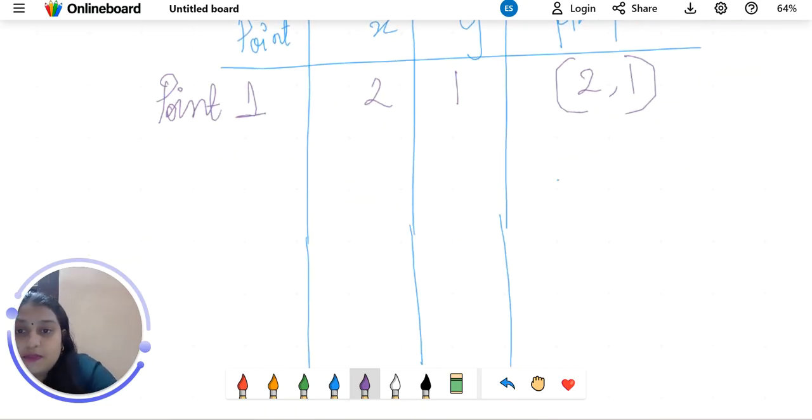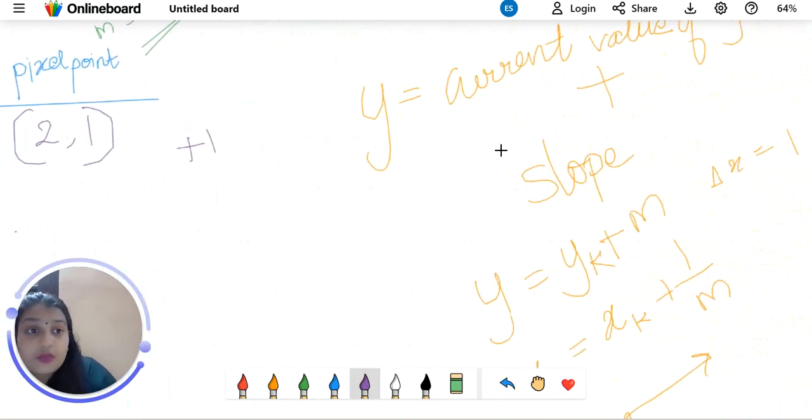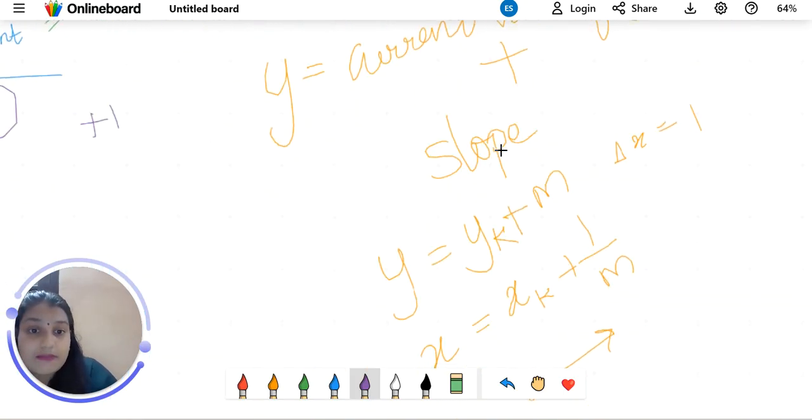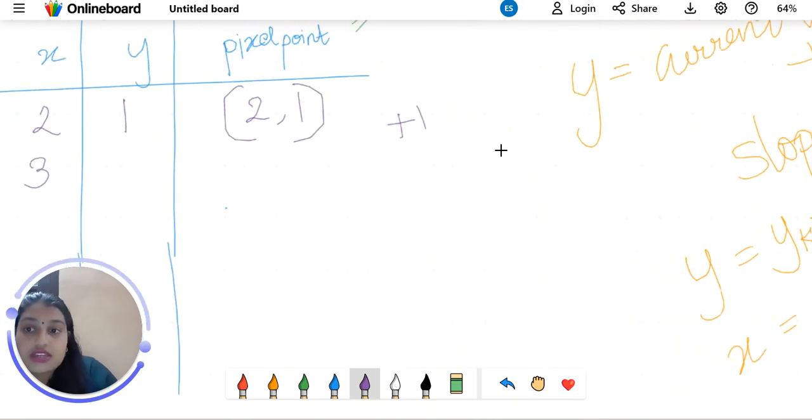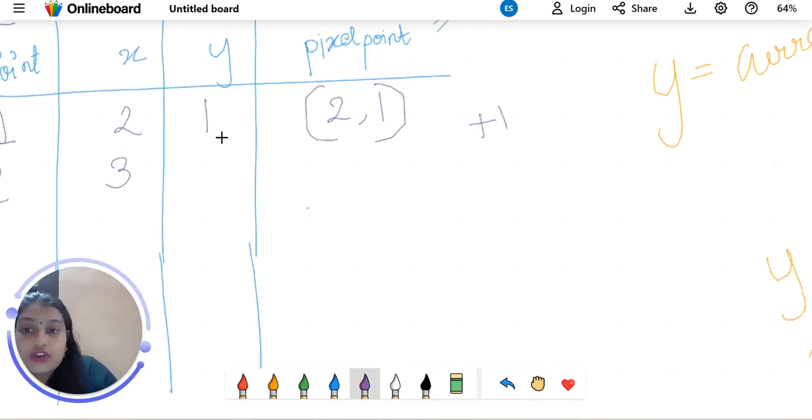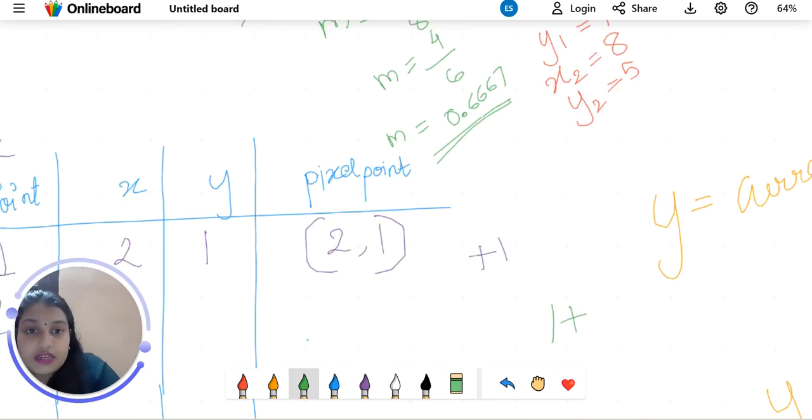Now the second point, that is point 2. X is being incremented by 1, so x will be 3. In order to find y, we use the formula y equal to current value of y plus slope. The current value of y is 1, so 1 plus the slope 0.667.